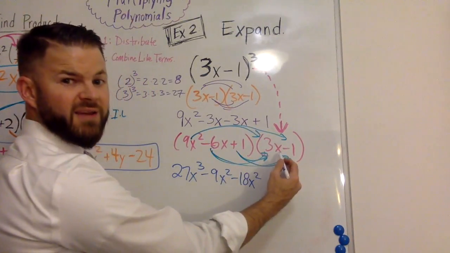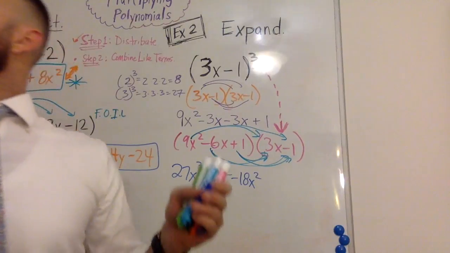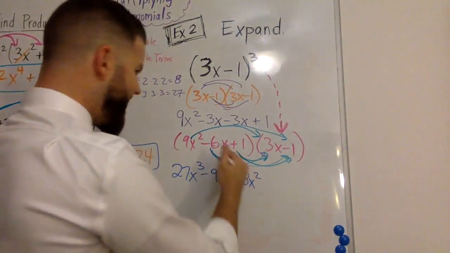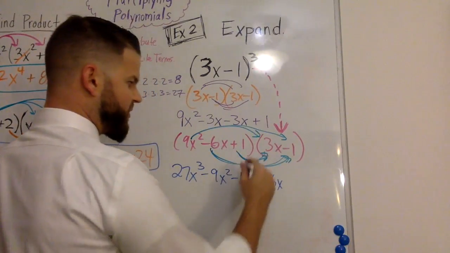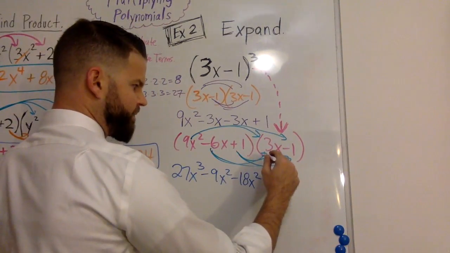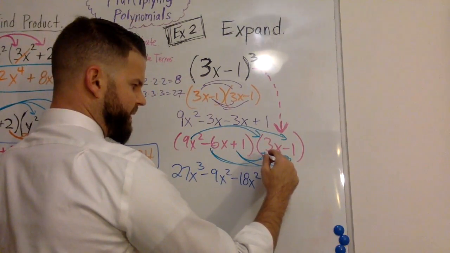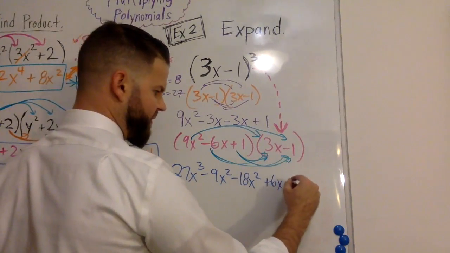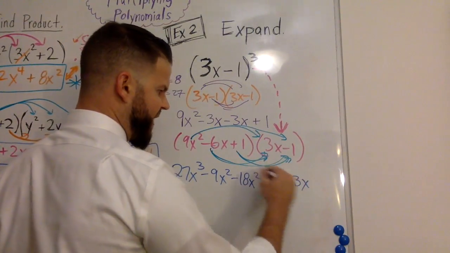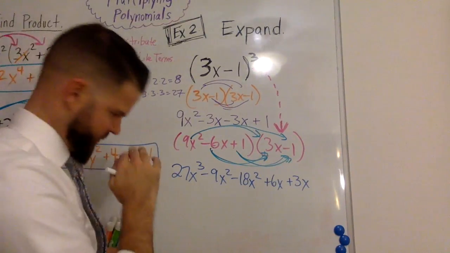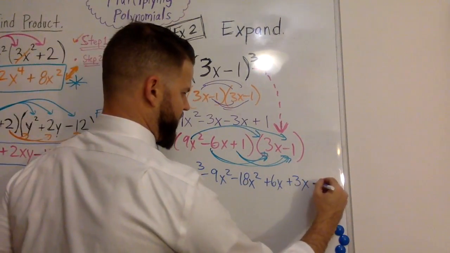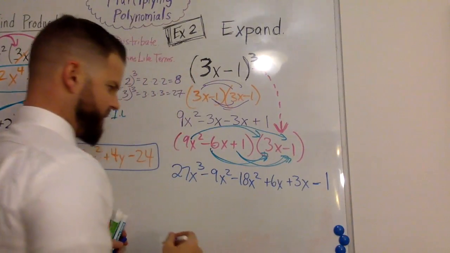Keeping it moving, a negative times a negative is a positive, so that's a plus 6x. What else we got? We got this little fella, that's a 3x. How about this guy? Negative 1. All right, take it easy.